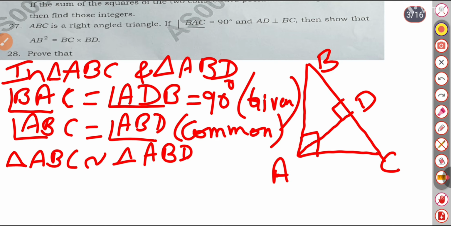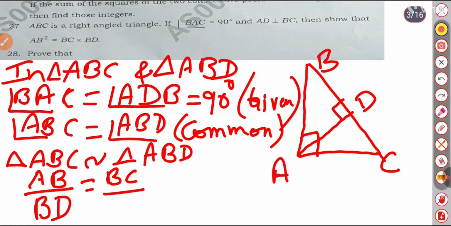Which are the ratios? We'll consider the hypotenuse, and we'll take the base. First we'll take AB as base for the big triangle, that is base AB by base of the small triangle, which is BD. Base by base is equal to hypotenuse by hypotenuse. Which is the hypotenuse? BC is the hypotenuse.